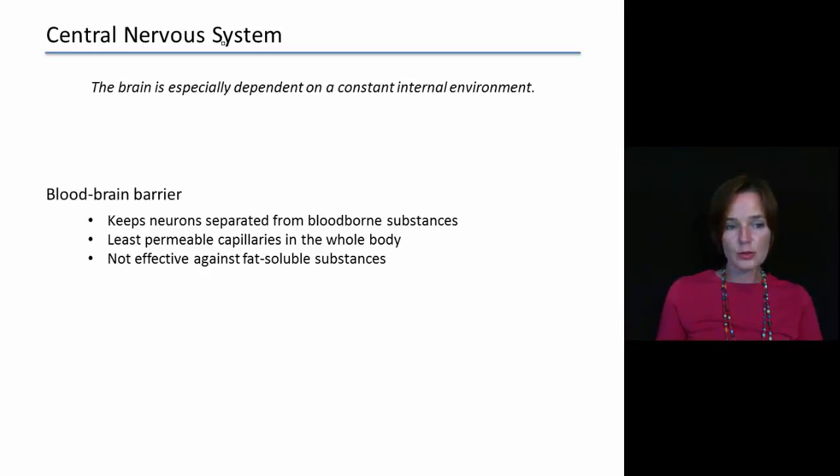It has the least permeable capillaries in the whole body, and it's not effective against fat-soluble substances. So fat-soluble substances are able to permeate there, but other substances that are not fat-soluble would not be able to permeate. If we're talking about something hydrophilic or water-soluble, it can't permeate.